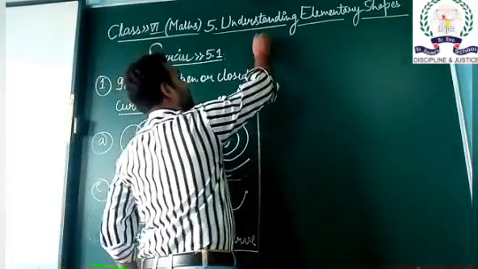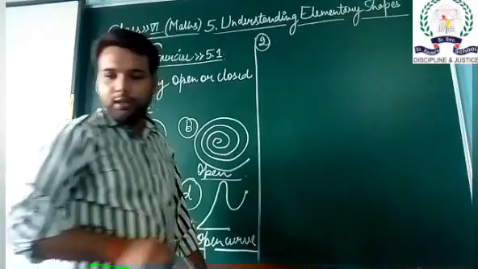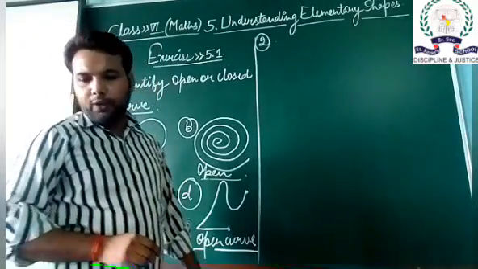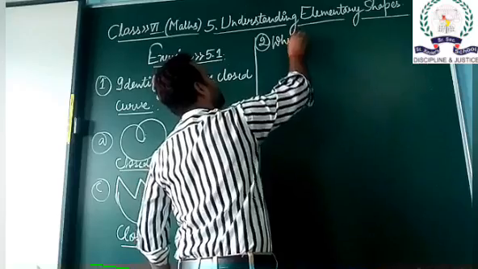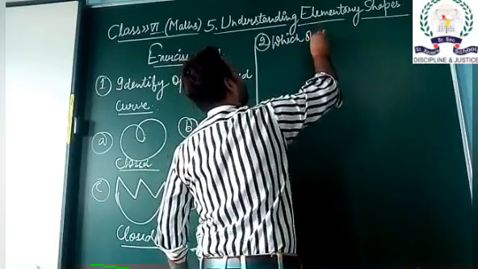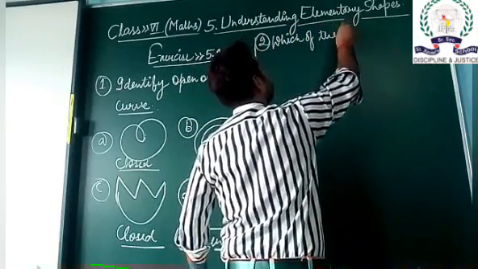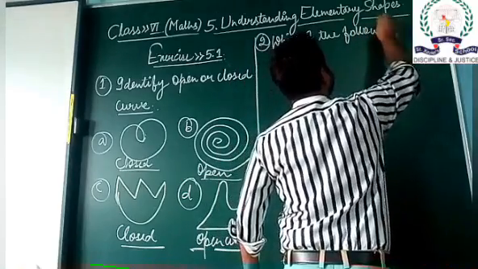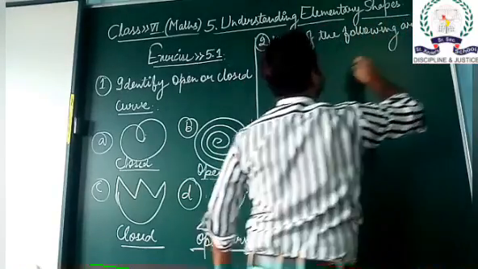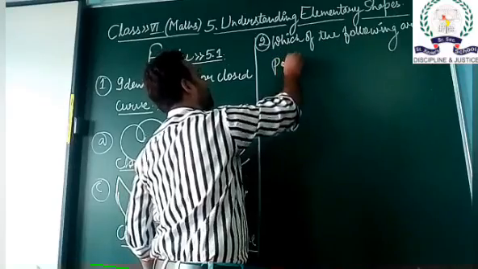The next question, question number 2, is: which of the following are polygons?